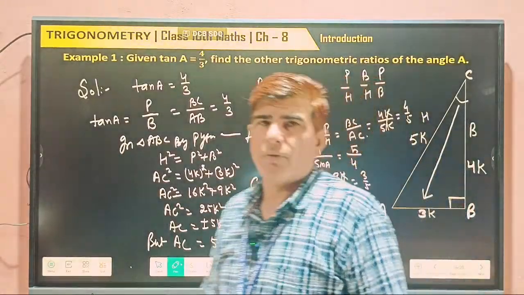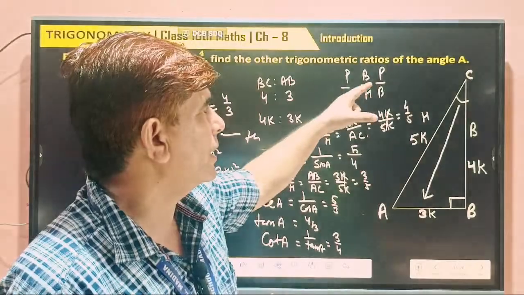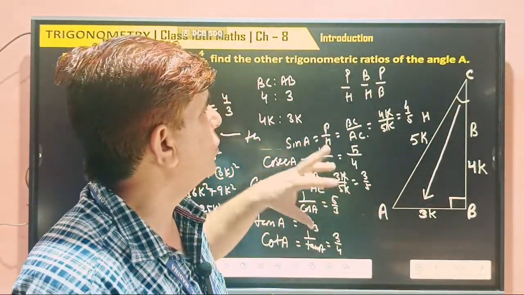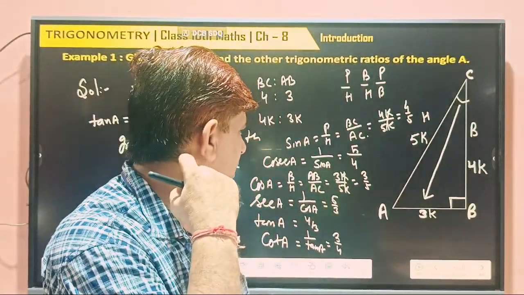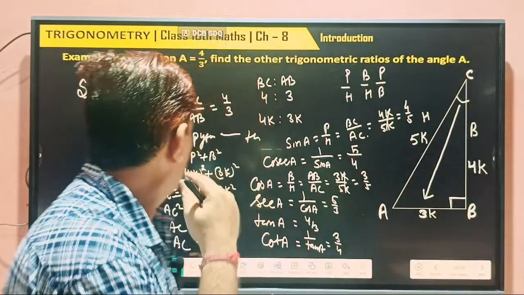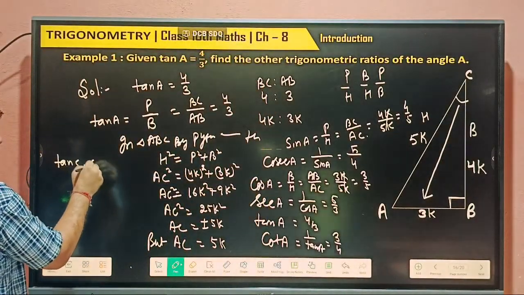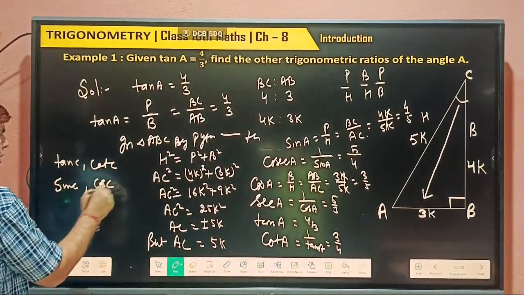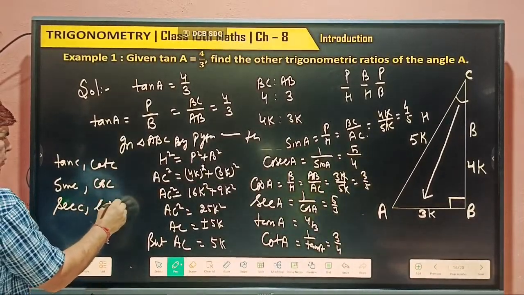So it's my request to you, you can solve this question by taking C as the acute angle and find the value of all trigonometric ratios. Which ones? Tangent C, cotangent C, sin C, cos C, secant C, and cosecant C.